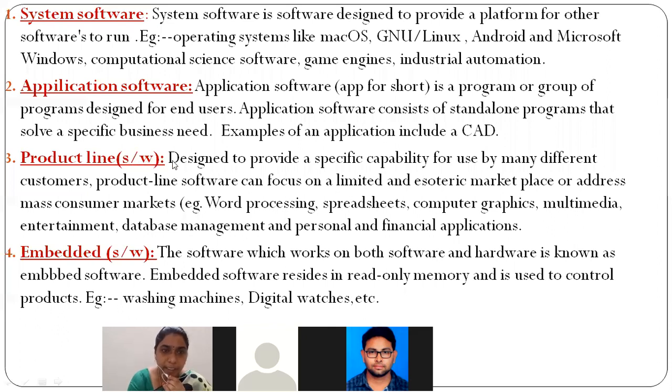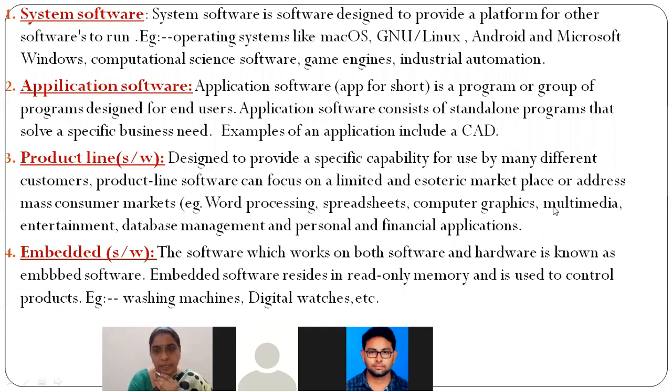So these product line softwares can focus on a limited number of users, or can address mass customer markets. In the sense, either some small set of users can use that software, or a large number of users can use the same software. For example, word processing, spreadsheets, or computer graphics.